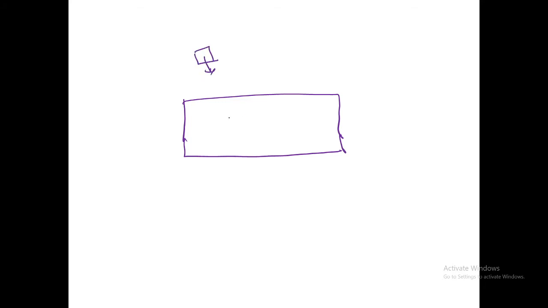So once again I would like to explain it. Suppose this is a metal and photons are striking over it. So suppose this electron absorbed energy. Of course, when it gets energy, it will try to get out from this metal surface.